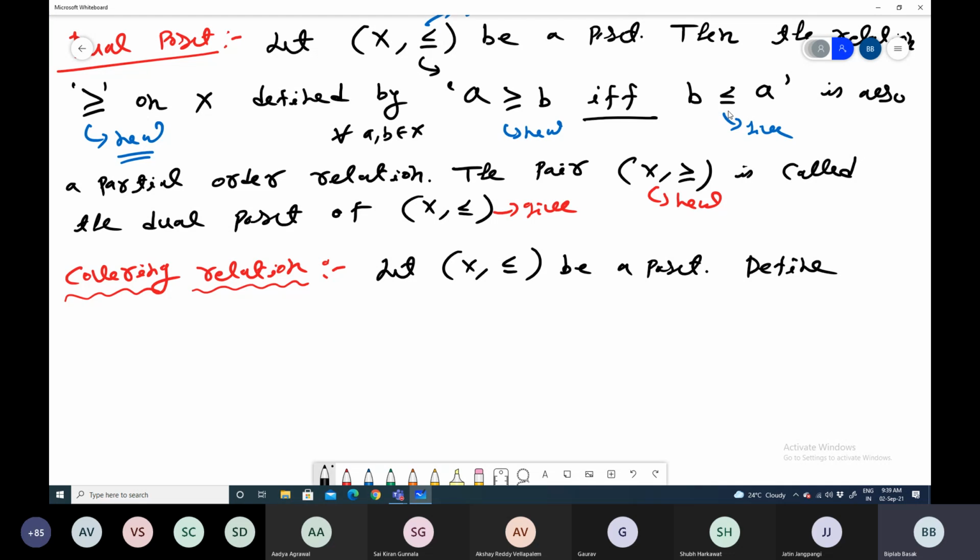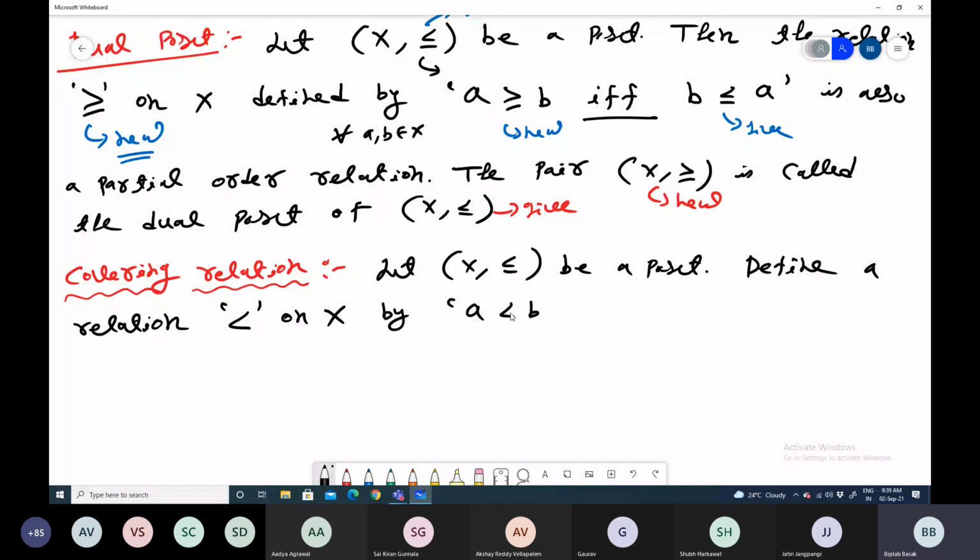Now if we have a poset with less than or equal to, then we can define a new relation, strictly less than, on X this way.